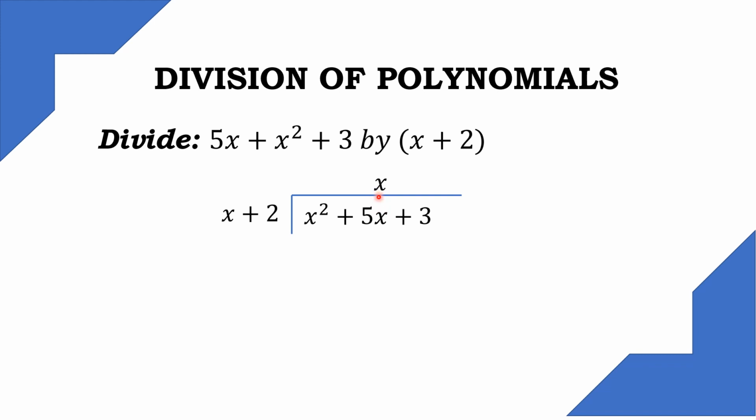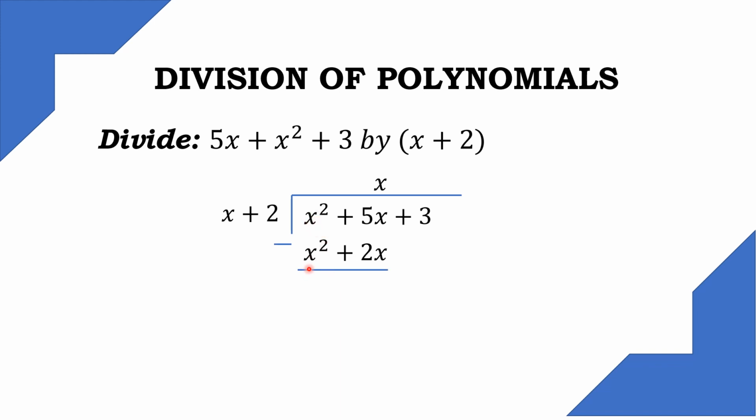So, we have here x times x, which is x squared, and x times 2, which is 2x. So, we're going to place the product under the x squared plus 5x.